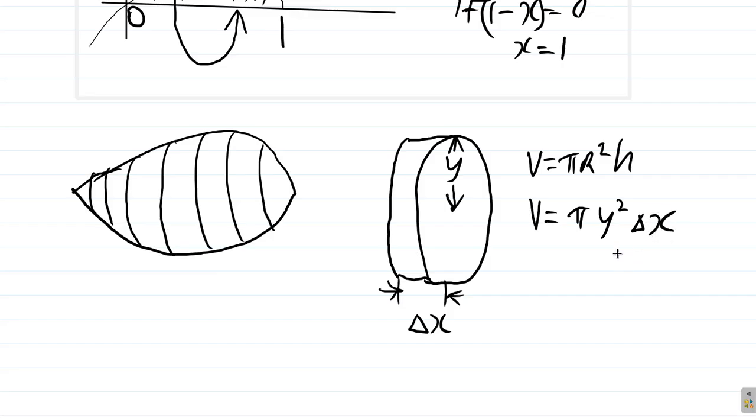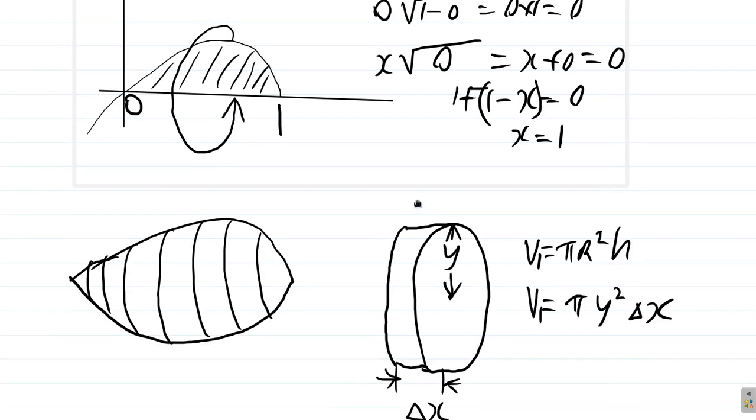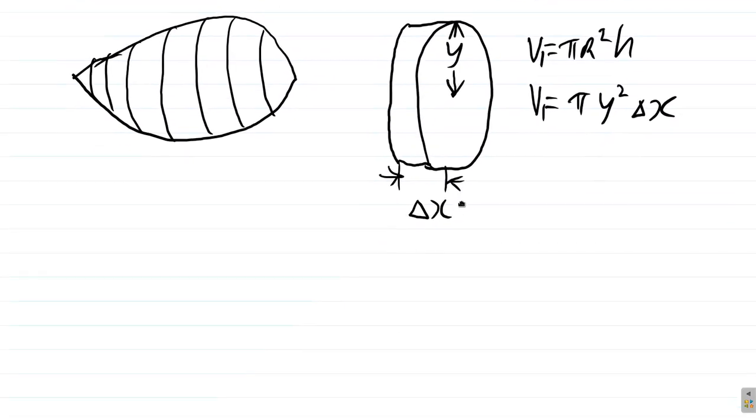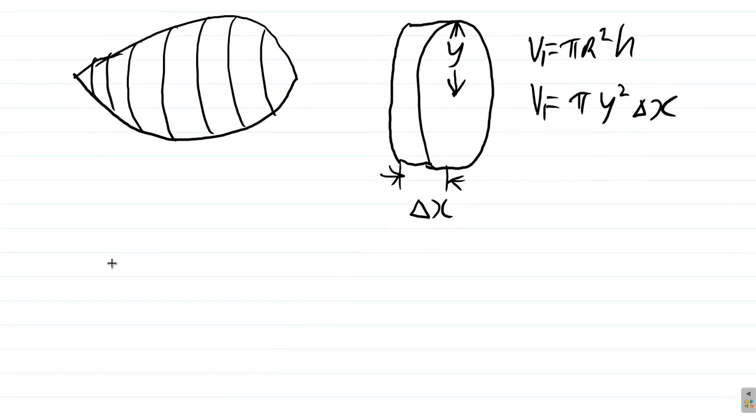Let's call it V1, the volume for one of them. Now the total volume, let's call it V, is equal to, what happens when you put all the slices together?